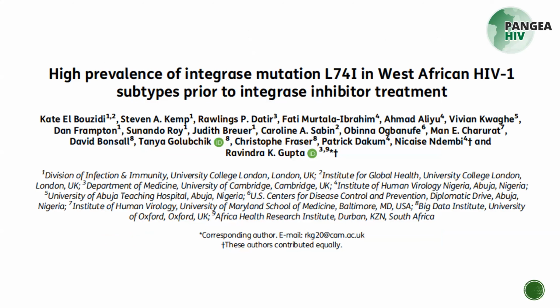We did an analysis in Nigerian isolates, which are subtype AG or G, and we indeed found significant levels of this polymorphic residue isoleucine at position 74 in those West African isolates. And therefore, we need to bear in mind that the barrier to drug resistance or susceptibility levels of these viruses may differ from the subtype B viruses that most of the in vitro work on dolutegravir had been done on previously.